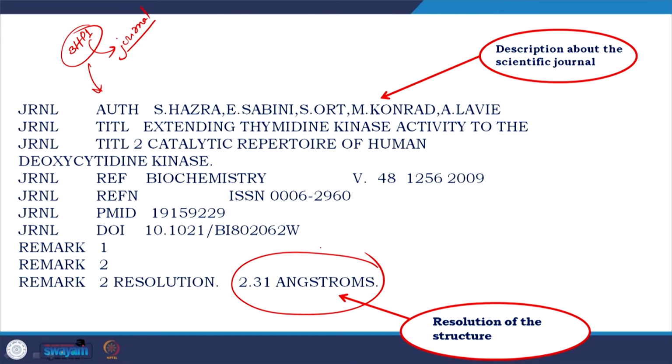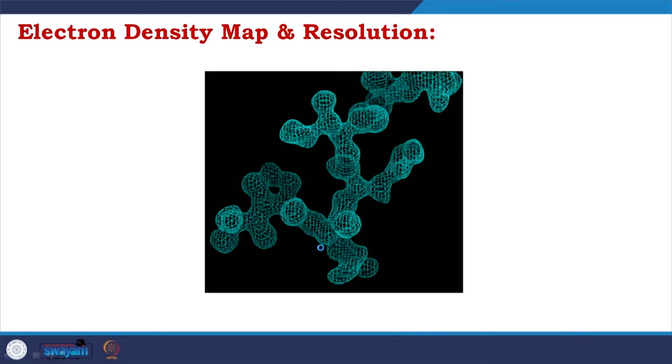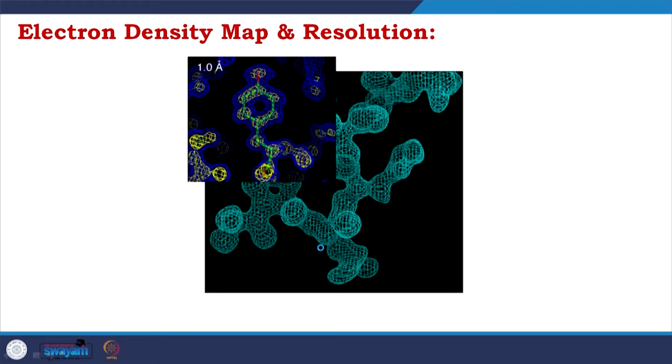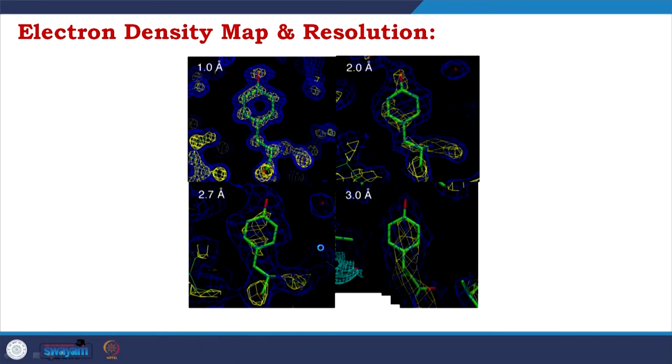Resolution is very important. Why? I talked about that, but just for a quick refresher, this is the same structure, but we get it at different resolutions: 1 angstrom, 2 angstrom, 2.7 angstrom, 3 angstrom.